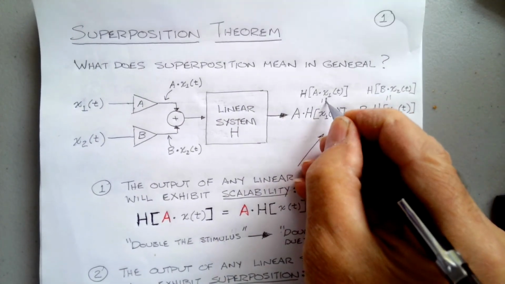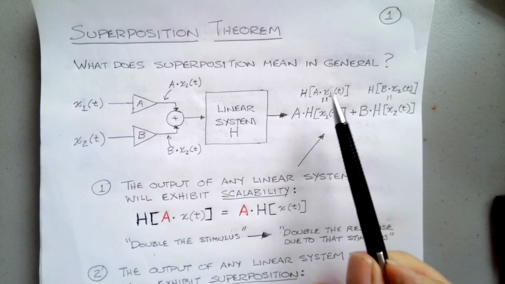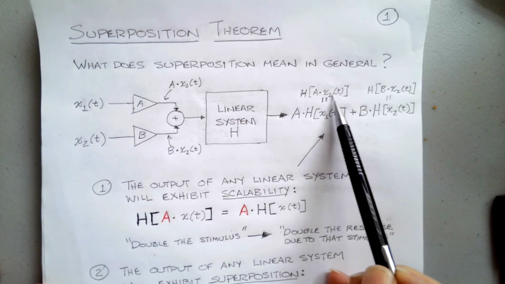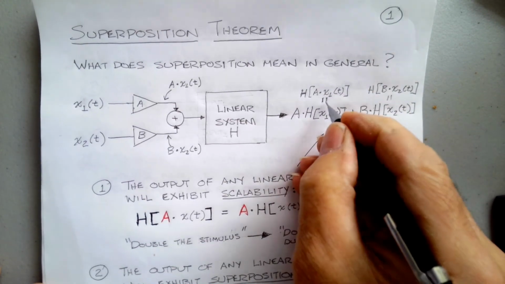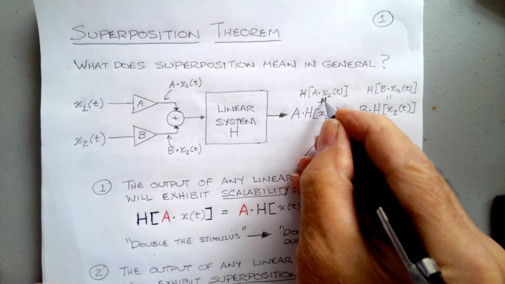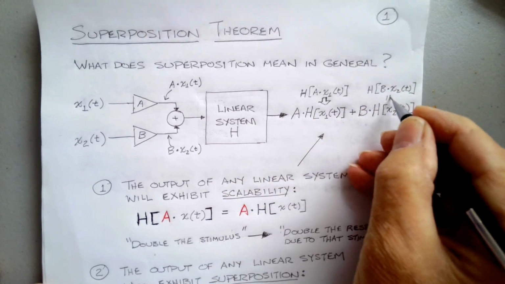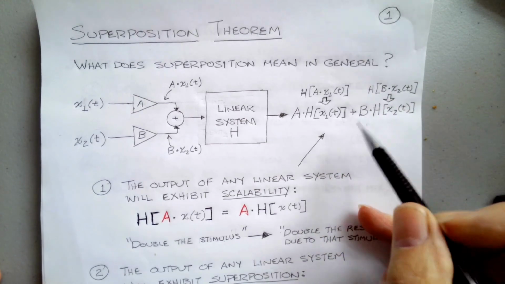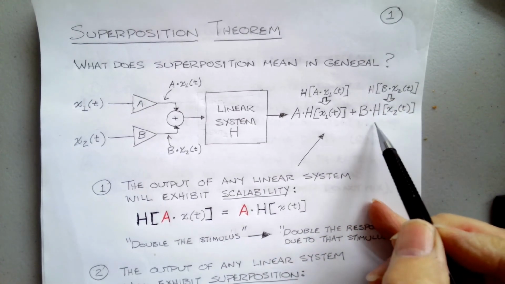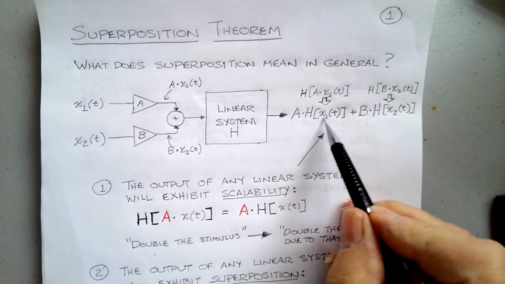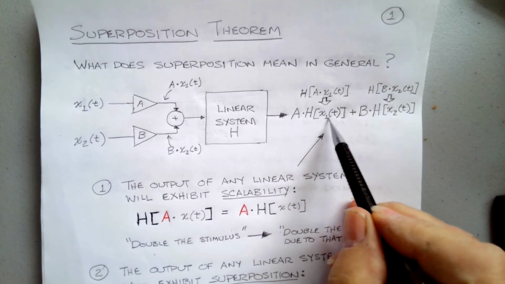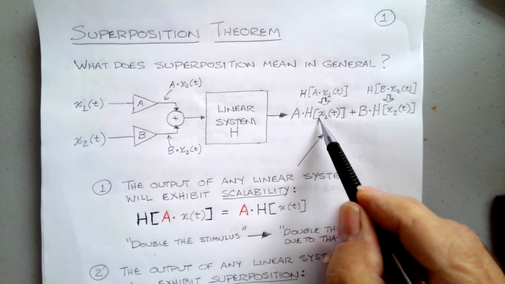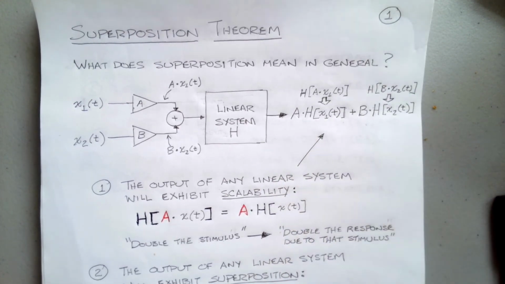That's how we get this arrangement up here, where H of the scaled input, a times x1 of t, is going to give me a times the output due to just x of t itself. So scale the input, and it's going to scale the output. That's part of being a linear system.